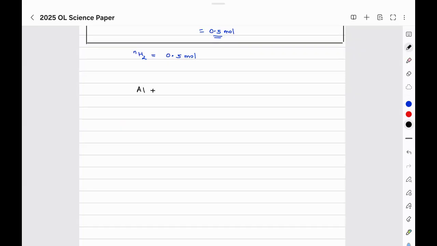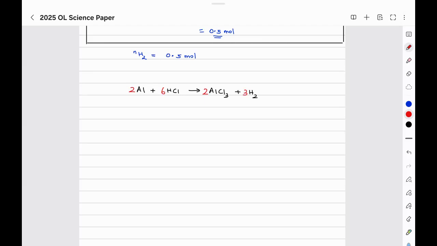Aluminium is reacting with HCl to produce aluminium trichloride and H2. In order to balance the reaction, we can put 2 here, 6 here, 2 and 3. Otherwise, the reaction is not balancing, right? We have to balance the reaction in this way.